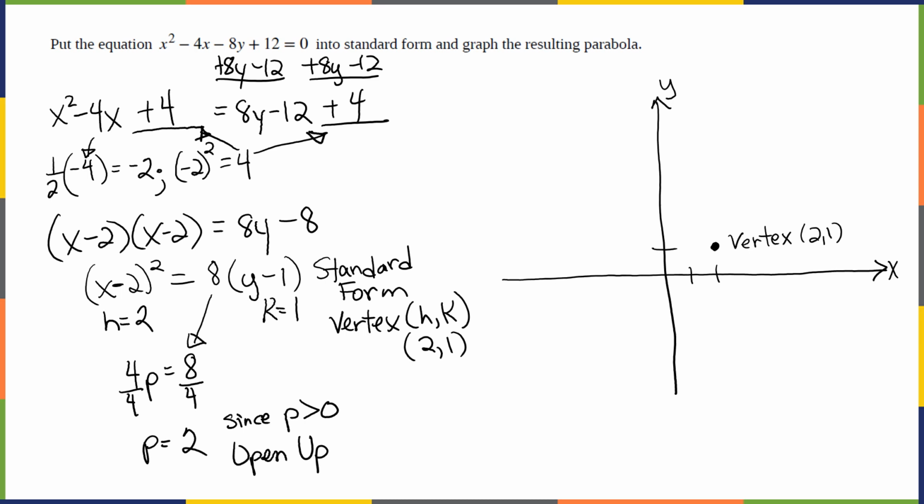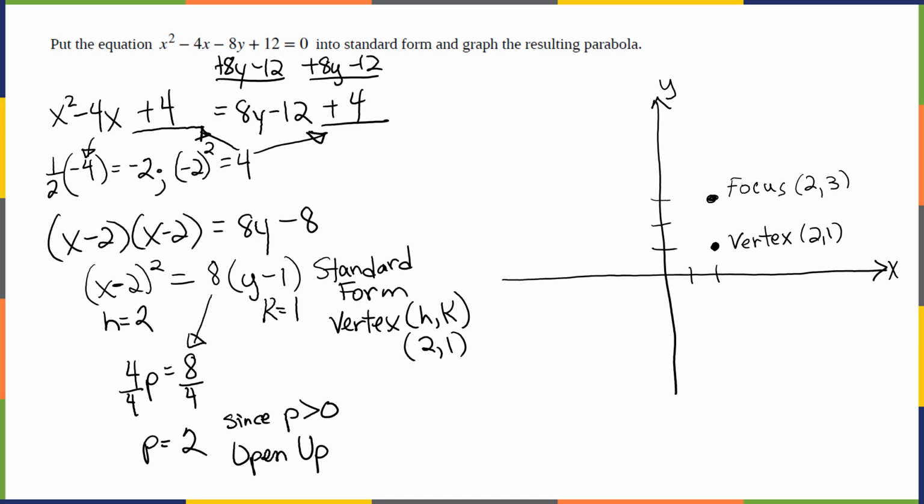Then we will use the value of p to locate the focus and directrix. The focus will be a distance of 2 above the vertex. So in a vertical path, I will move up 2 from the vertex, and that will give me the focus located at 2, 3.